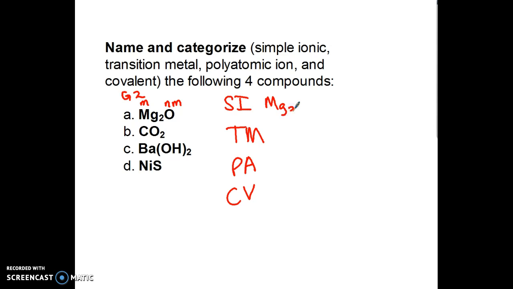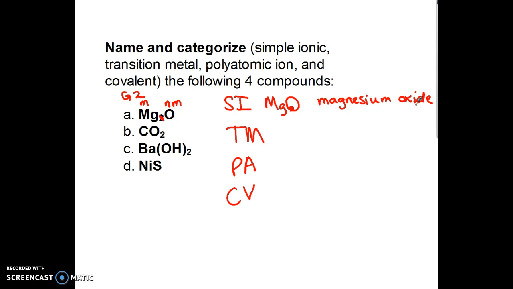Actually, the formula for this is wrong. It should just be MgO. I don't know what I was thinking. Please forgive me. MgO. Alright, so the name of this compound then would be simple naming rule, just magnesium oxide, before we learned anything that complicated and confused our naming skills.